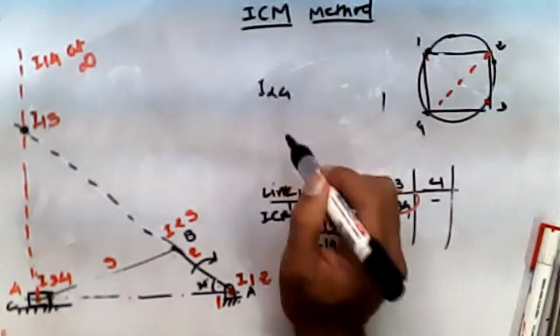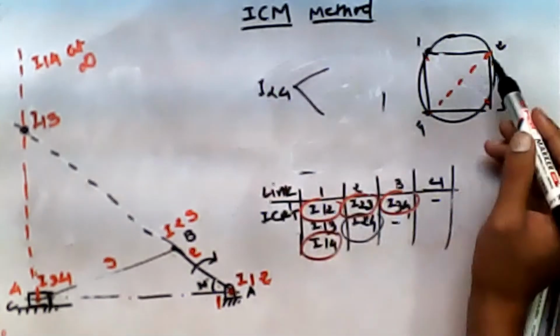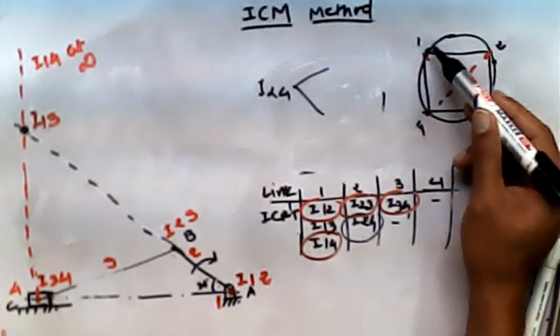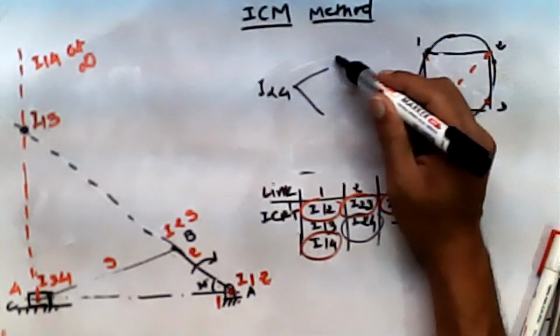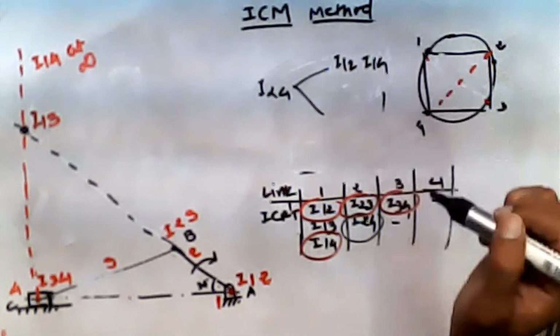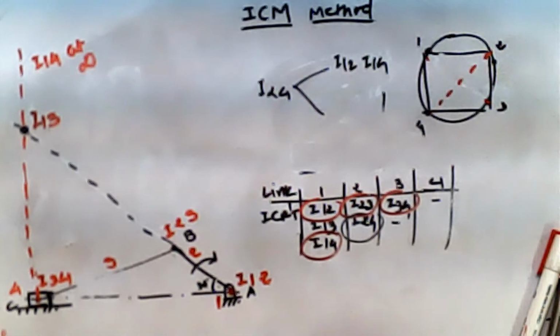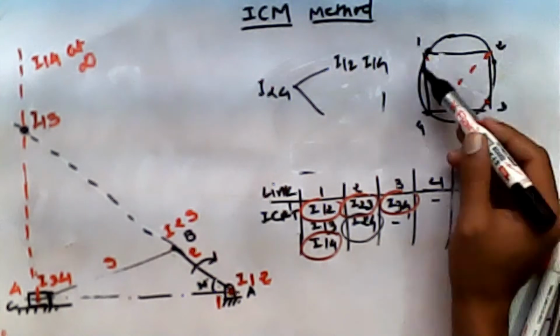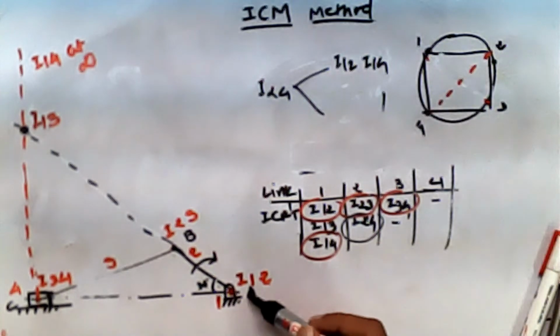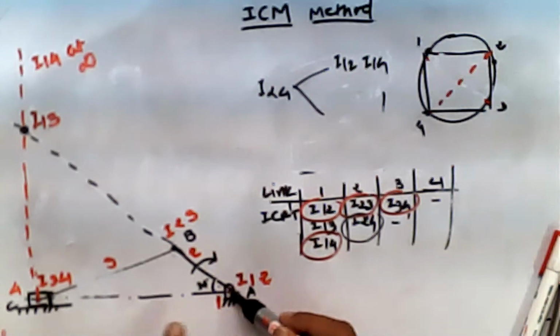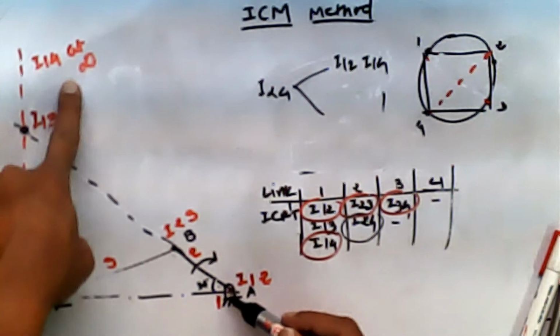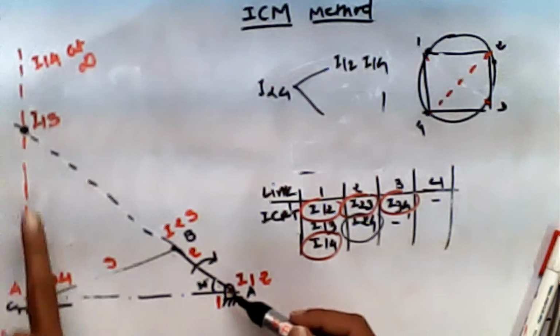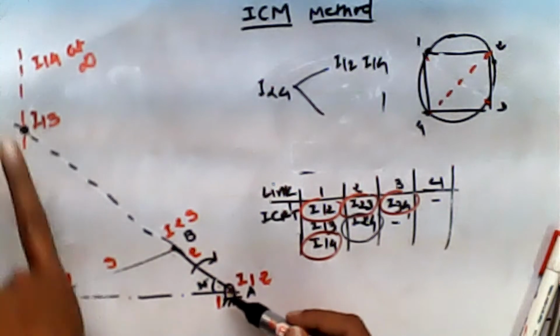This 2 4 you can locate by extending 1 2 and 1 4, correct? Where is 1 2? 1 2 is here. 1 4 lies at infinity, and we know its direction. It is perpendicular to the line of stroke.